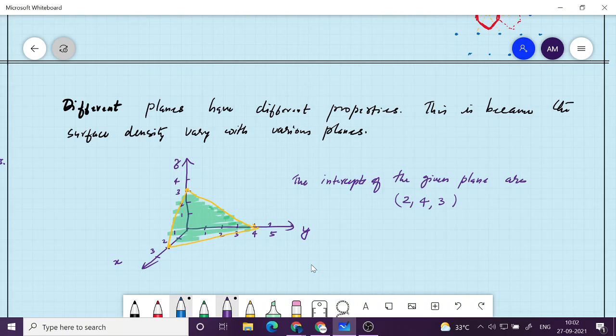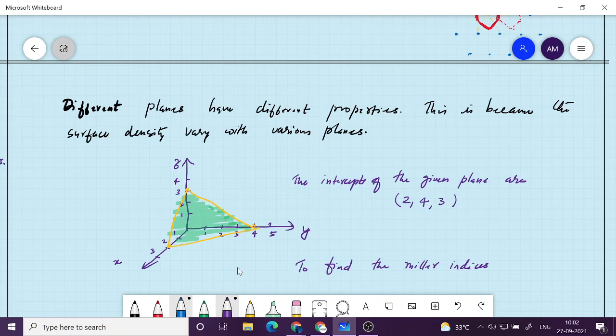Now to represent this particular plane, what we say is not the intercept, but what we instead say is what is called the Miller indices. Okay. So to find the Miller indices, now what are Miller indices?